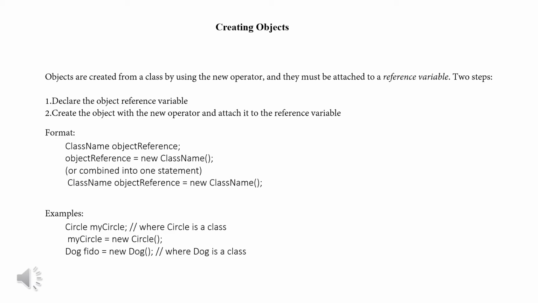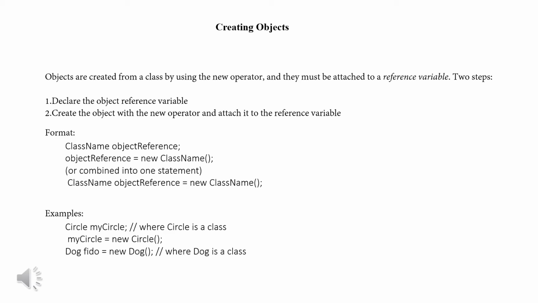For example, first, let's see the format. As you see the format here, for declaring the object reference variable, first you need to write down the class name and then the name of that object reference variable. That's the name that you specify.